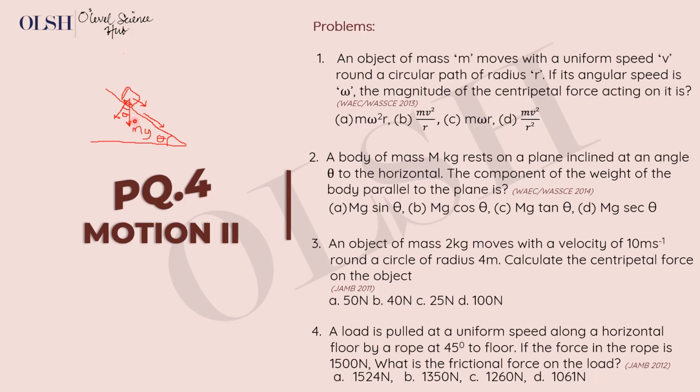We are looking to resolve it into its horizontal component, but we have theta, which is the angle it makes with the y-axis. So there are two things. It's either we find the angle it makes with the x-axis and then have mg cos, instead of theta now it's going to be 90 degrees minus theta. That's because we're looking for this angle it makes with the x-axis.